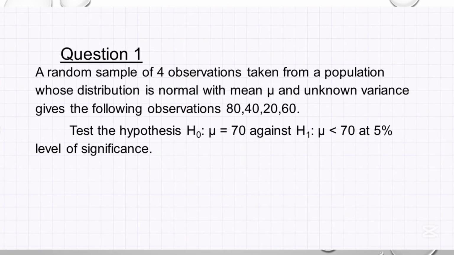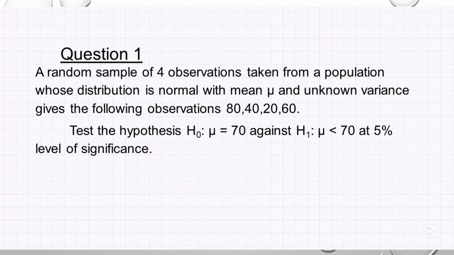A random sample of 4 observations taken from a population whose distribution is normal with mean and unknown variance gives the following observations: 80, 40, 20, 60.